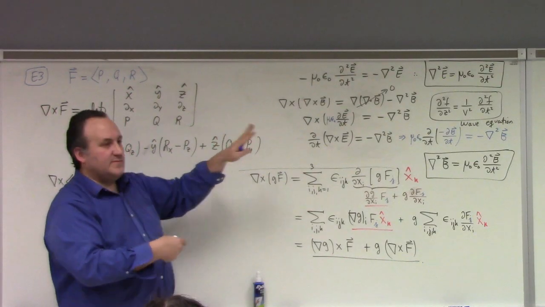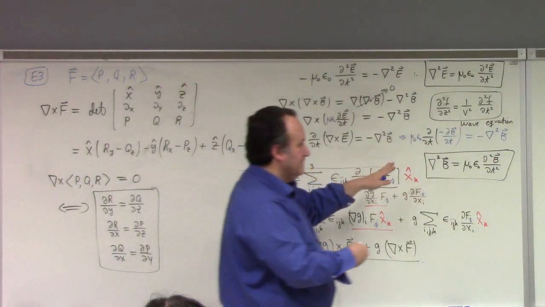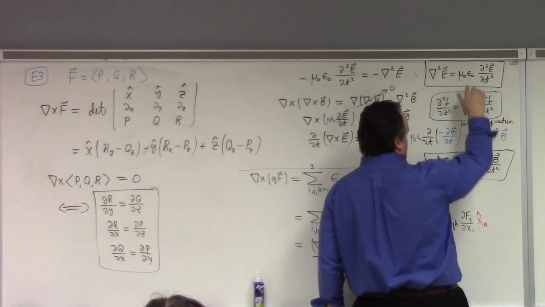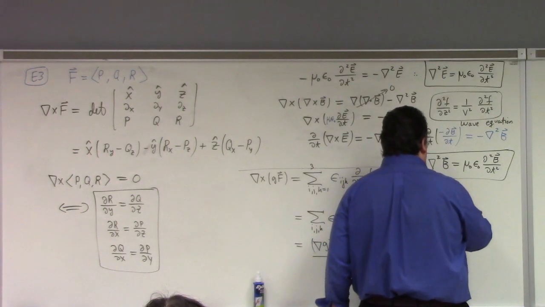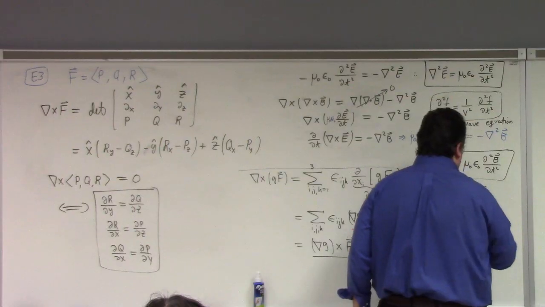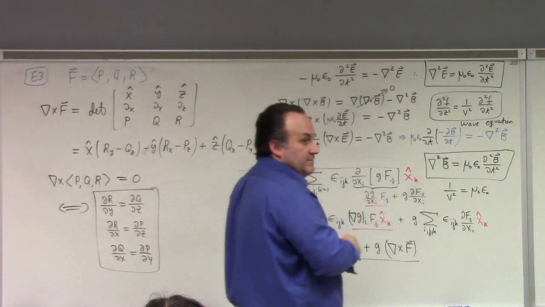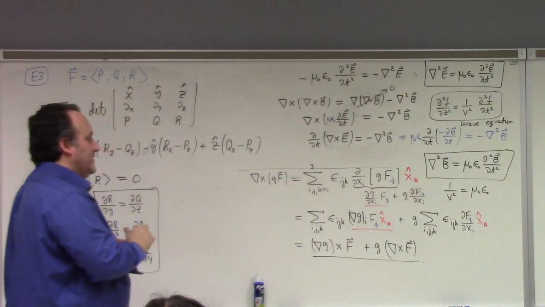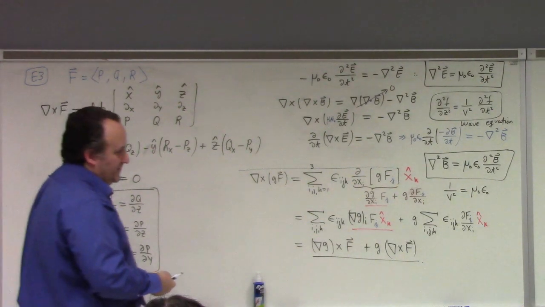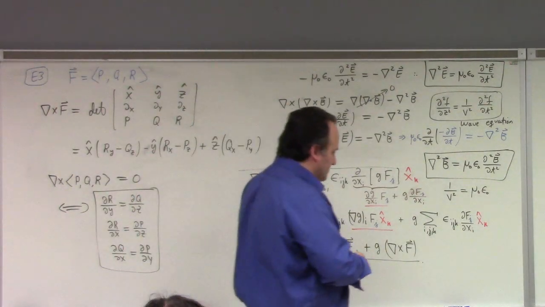And what's the speed of the wave? If we compare this to my wave equation, the speed of the wave is equal to 1 over the square root of mu naught epsilon naught by comparison. So the electric and magnetic fields in empty space satisfy a wave equation, and the speed depends on mu naught and epsilon naught, the permeability and permittivity of free space.